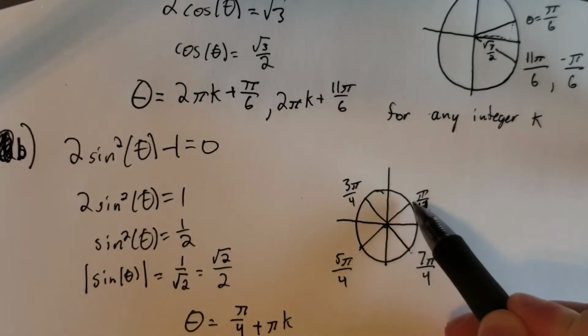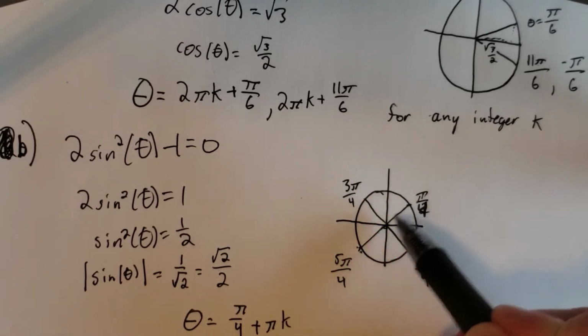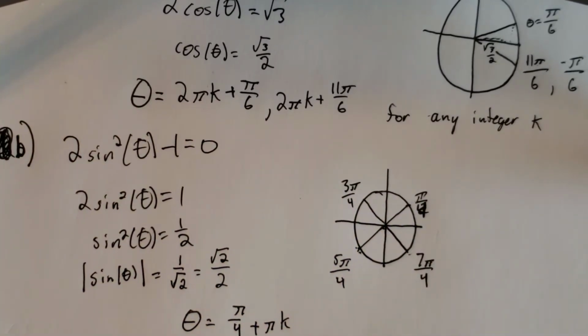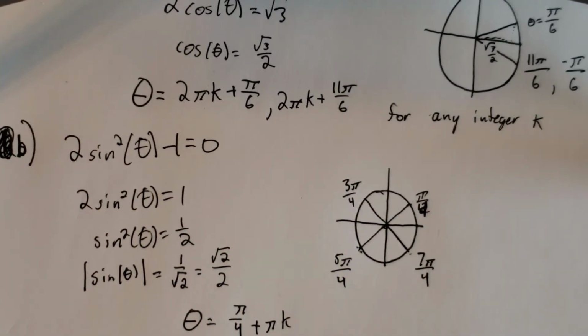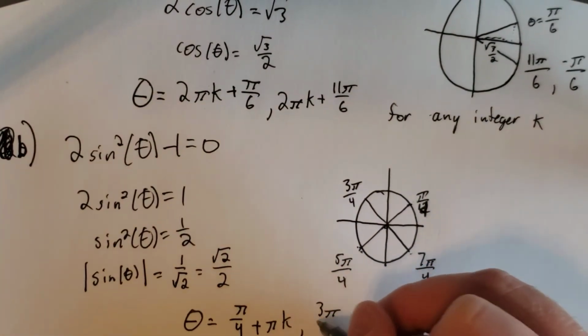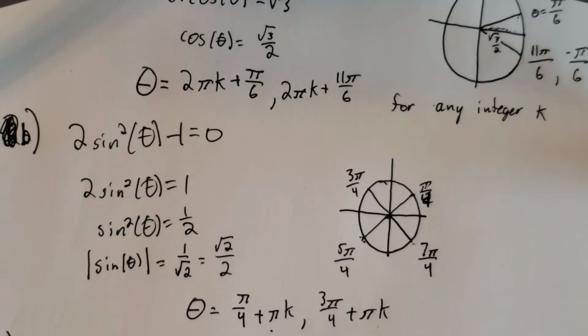Pi again, we get this solution. So we just keep rotating by pi each time to get both of these solutions and all of the solutions that are coterminal with those two. The other one is 3 pi over 4 plus pi k. And again, this is for any integer k.